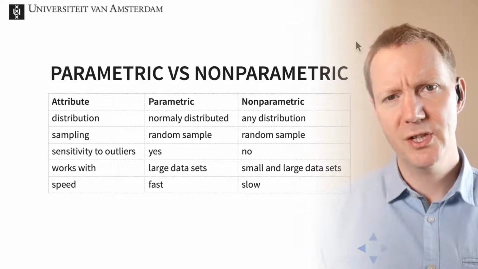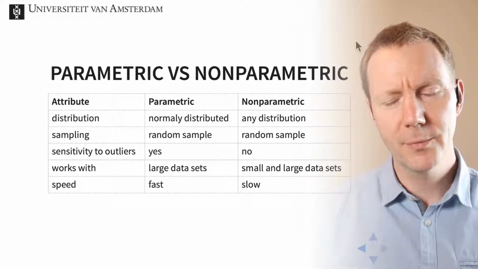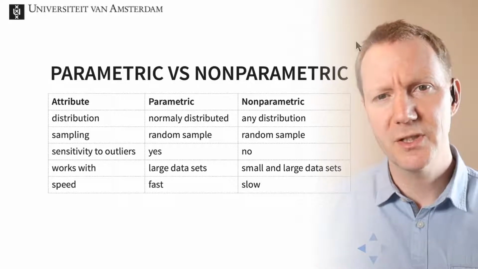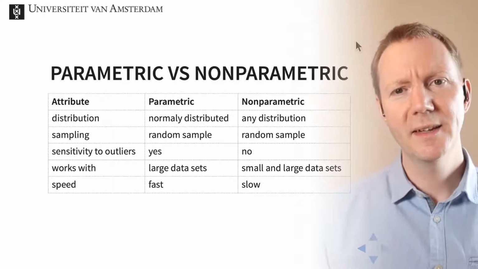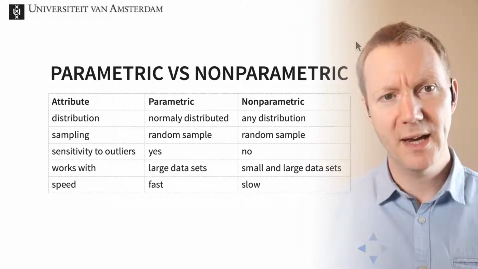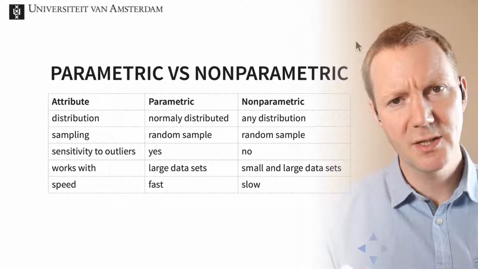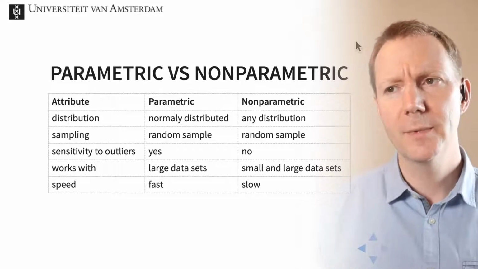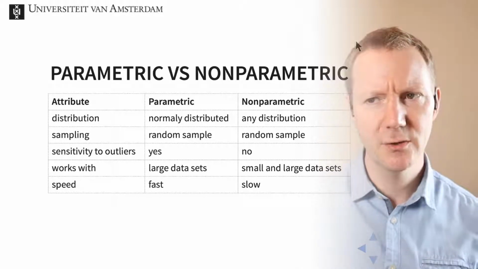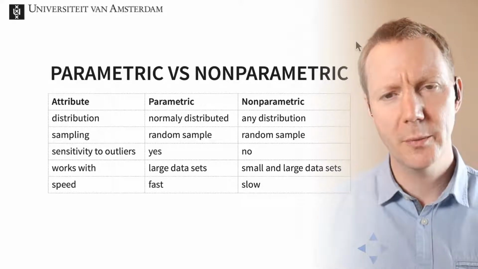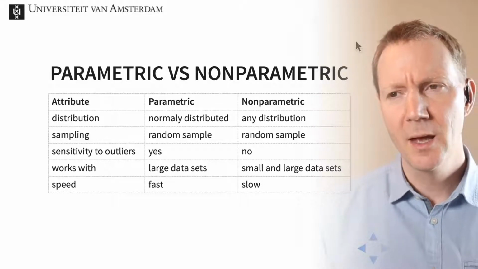So if you do research and you only focus on psychology students, for example university students, then you don't have essentially a random sample because it's a restricted sample. You need to take this into consideration while generalizing, and that holds for both parametric and non-parametric tests.